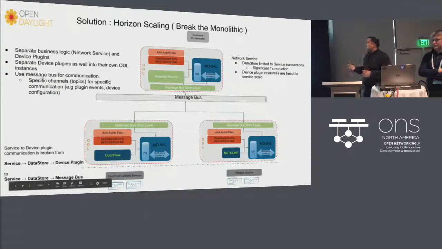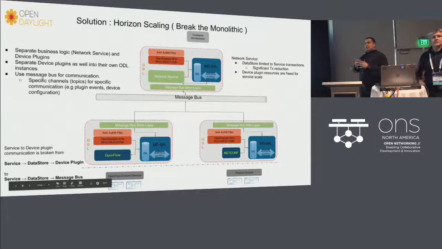What it changes from the device plugin side and the overall end-to-end interaction is this: previously your services were writing data to the data store, your plugin was reading from the data store, and then pushing the configuration down to the devices, right? Now, because you broke your business logic out of the device plugin, your services write into MD-SAL, which is a data store, and then a shim layer listens and puts the data into the message bus.